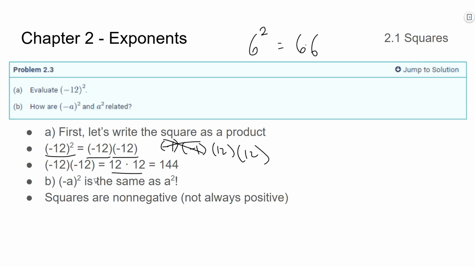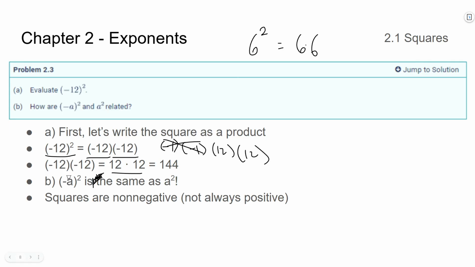I remember writing this slide, and I was like, I need to make sure I write the word not there, and I missed it. So negative a squared is not the same as, oh wait, okay, I misread. I'm thinking about another question. Okay.